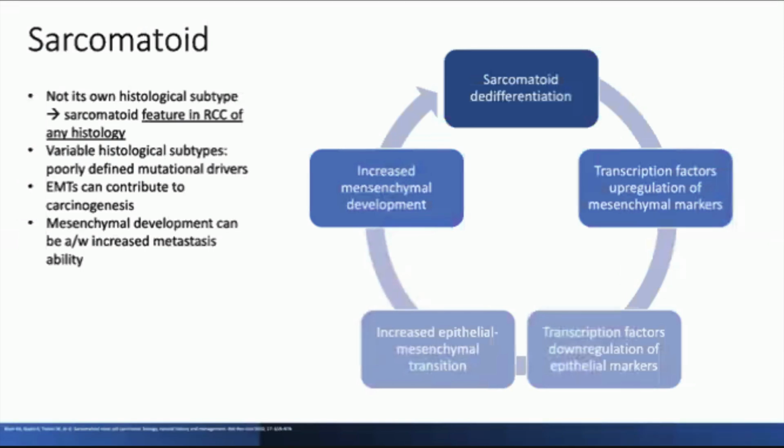This will happen when the transcription factors upregulating the epithelial mesenchymal transition process cause upregulation of the mesenchymal markers, but downregulation of the epithelial markers. And previous evidence has shown that EMT can also contribute to carcinogenesis, which can potentially explain why sarcomatoid dedifferentiation is usually associated with more aggressive cancers.